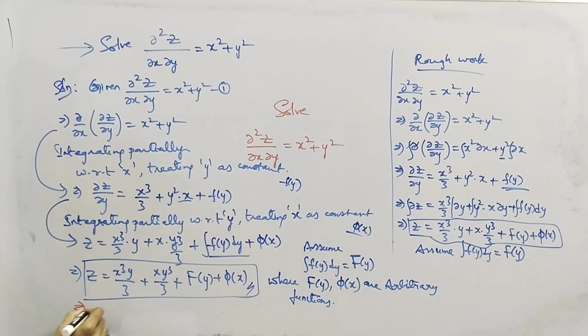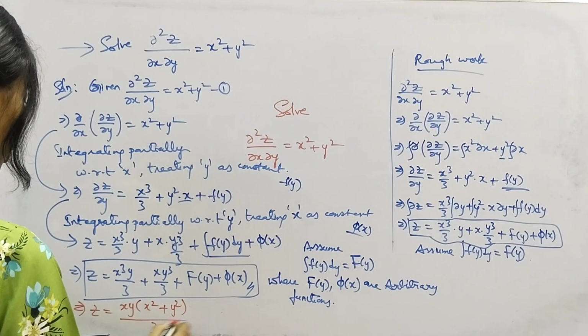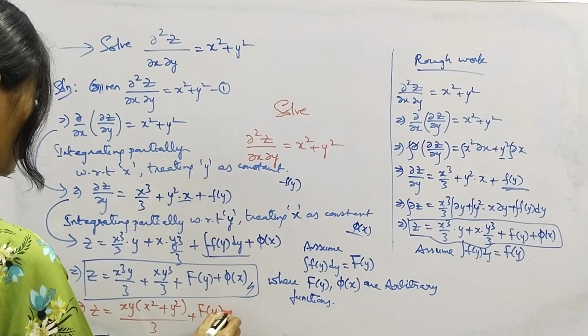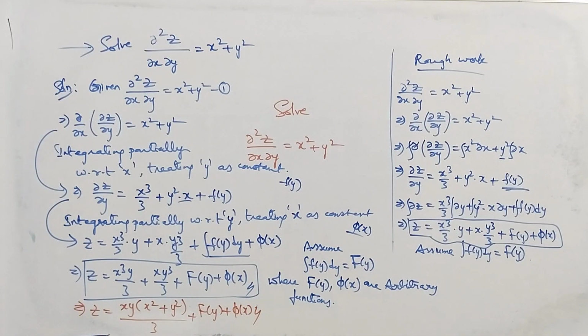Then this becomes z = xy times (x²/3 + y²/3) + F(y) + φ(x) will be the solution. See, xy into x² gives x³y, and xy into y² gives xy³. We'll get the same thing, right? Fine.